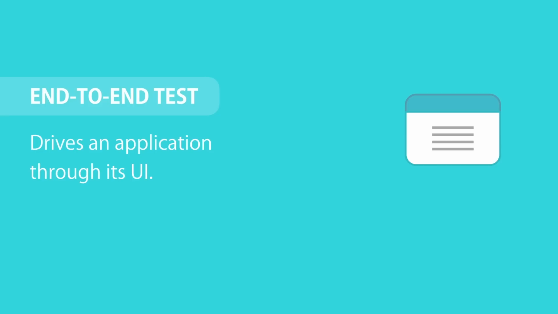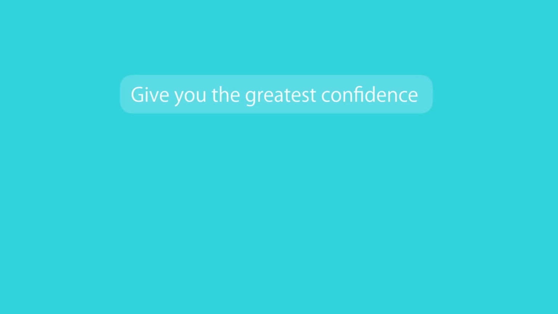One popular tool that you might have heard of is Selenium, which allows us to record the interaction of a user with our application and then play it back and check if the application is returning the right result or not. These tests give you the greatest amount of confidence about the health of your application, but they have 2 big problems.